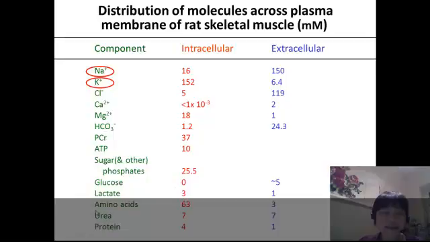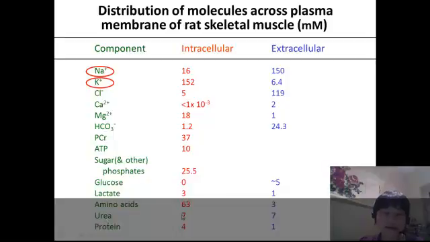And amino acids have a much higher concentration within the cell. That is because amino acids are not only the building blocks for protein, for enzymes, and for many hormones, amino acids are also used as neurotransmitters.